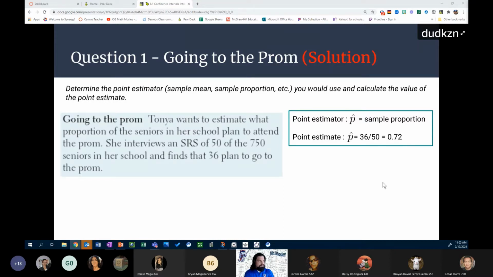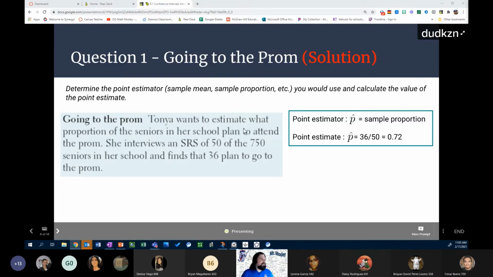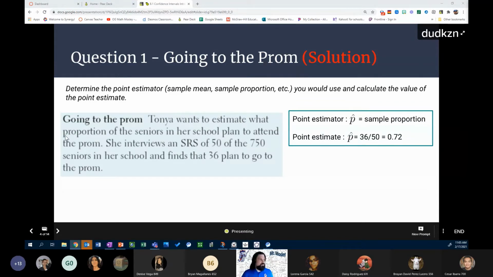We don't have the values to be able to determine a mean. That would be a different type of problem. We also want to look at the keywords here. We have that Tanya wants to estimate what proportion. That should help lead us in the right direction there.